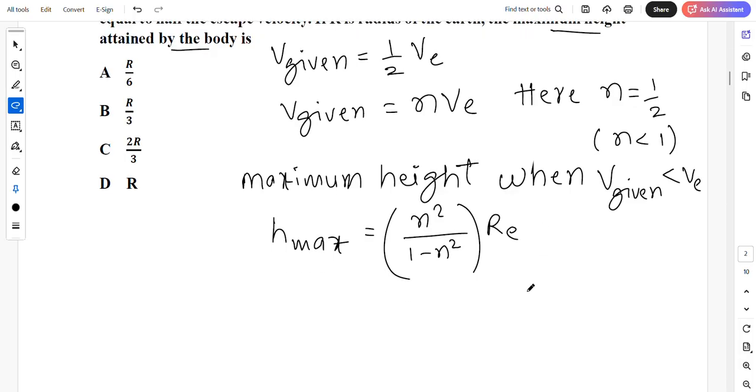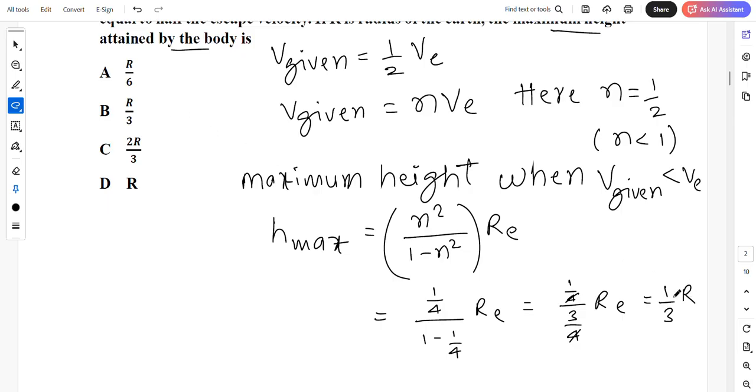Okay, now in place of n substitute 1 by 2, that is equal to 1 by 2 the whole square is 1 by 4 divided by 1 minus 1 by 4 into re, that is equal to 1 by 4 divided by 3 by 4 re. 4 gets cancelled, that is equal to 1 by 3 radius of the earth, they have given r.